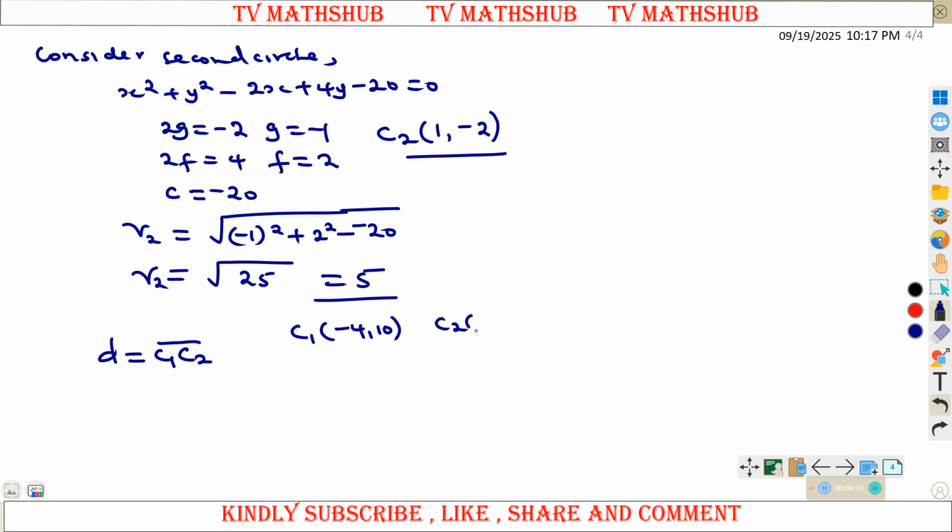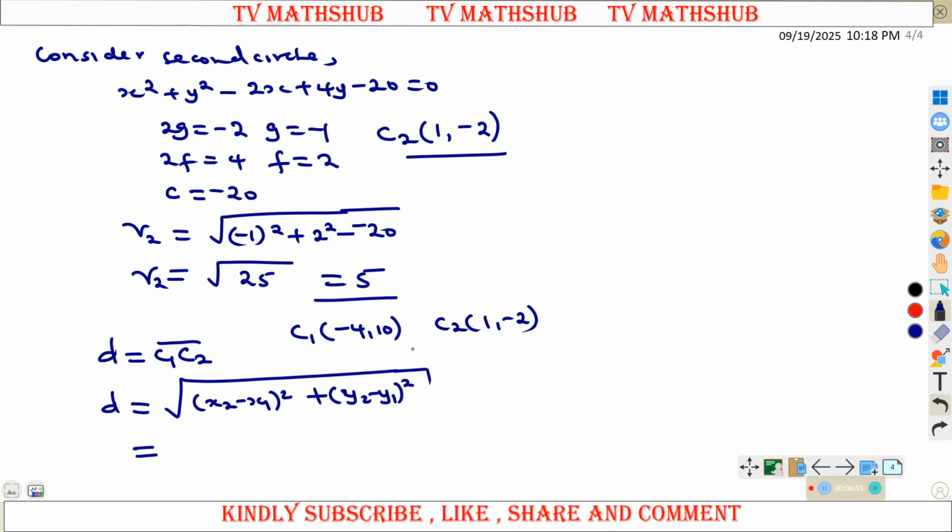Then C2 is 1 and negative 2. So how do we get the distance between 2 points? It is the square root of x2 minus x1 squared plus y2 minus y1 squared. That is how we obtain the distance between 2 points.